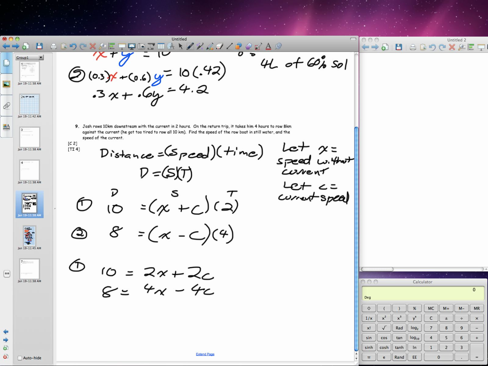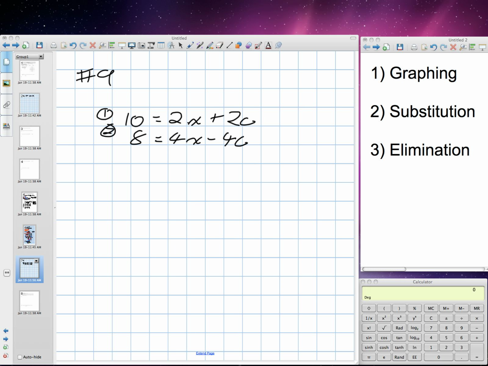Now again, we have 3 different ways of solving this. We're going to copy these to the next page. We can use any of the 3 methods: graphing, substitution, or elimination. Which one do you think will be quickest? Elimination is probably going to be the fastest. When doing elimination, we need the coefficients in front of one of the variables to be the same number, then we eliminate it.